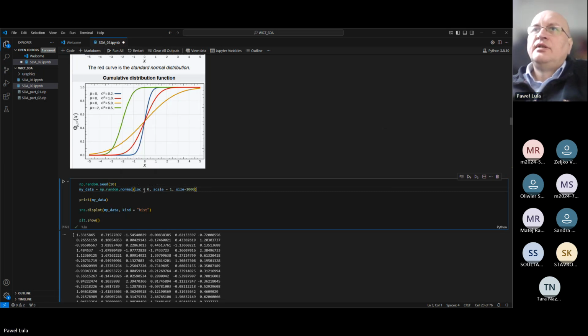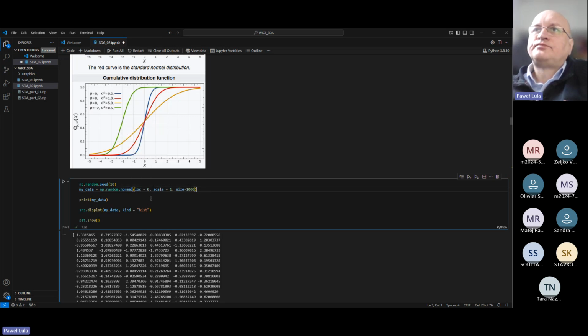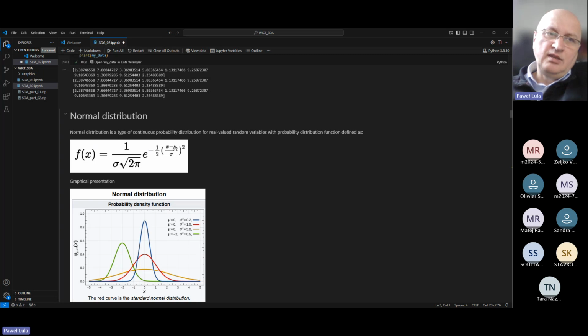And this function has 3 parameters. 3 very important parameters, maybe not obligatory, but the most important for us. The loc parameter corresponds to the mi parameter.